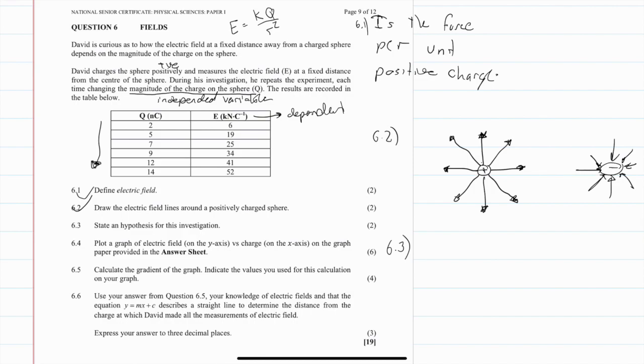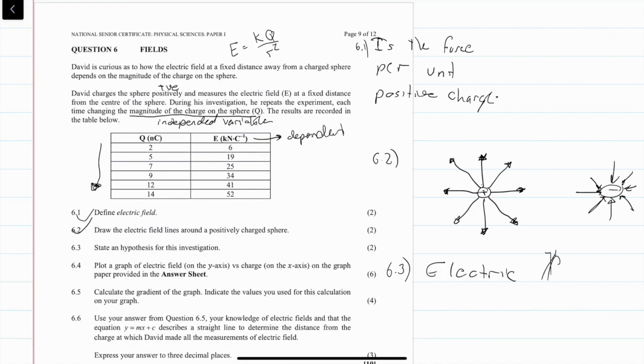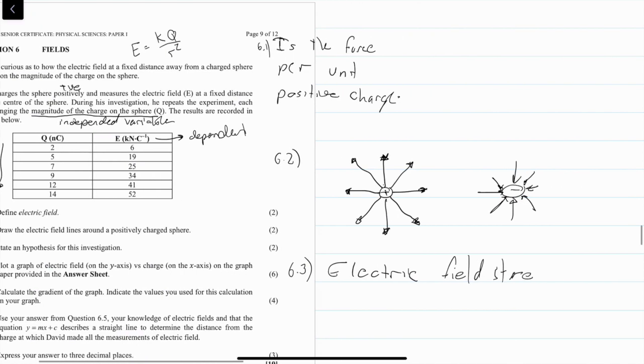So we can say that electric field strength, so this is our hypothesis, which is an educated guess on what you think is going to happen.